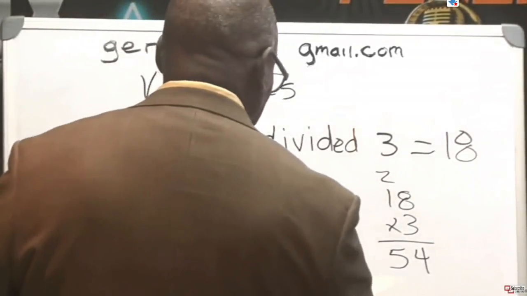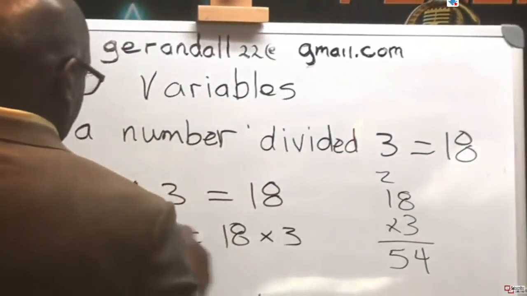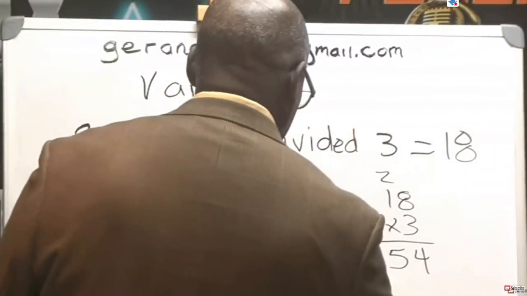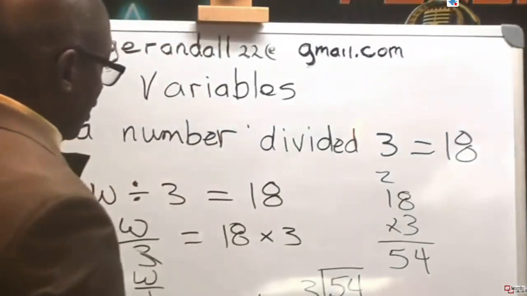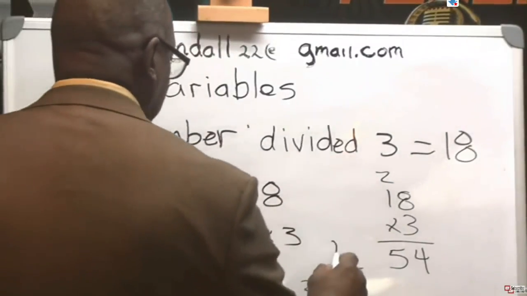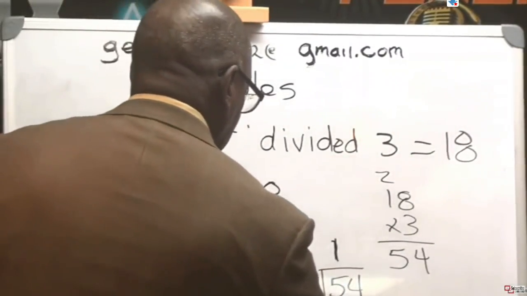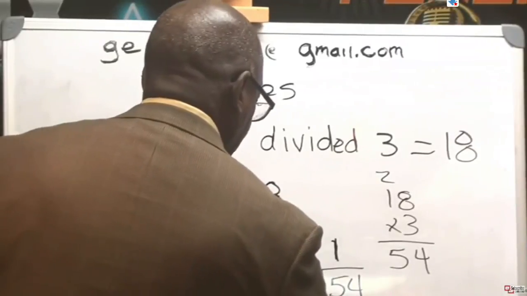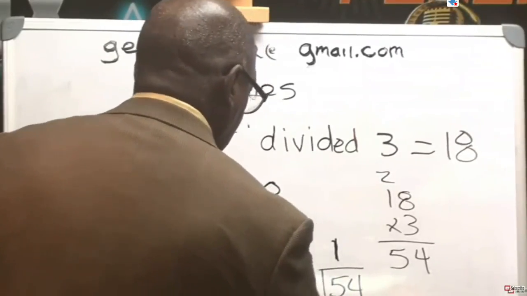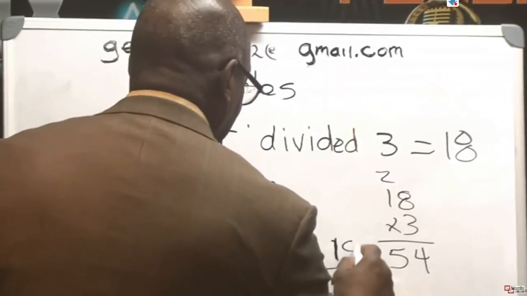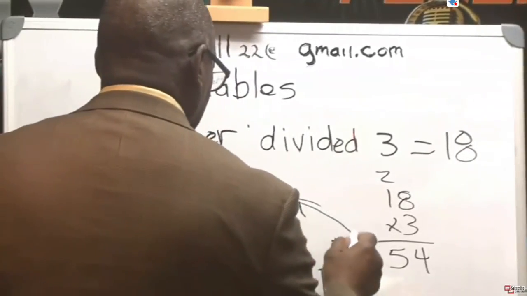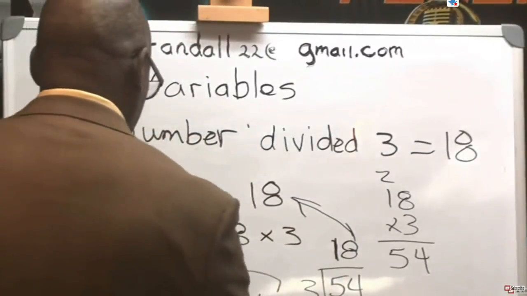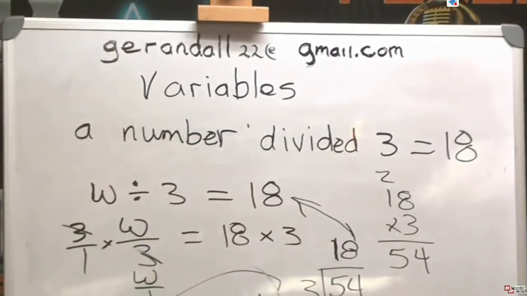How do we check it? We put 54 in the house, and we divide by 3. 3 goes into 5 once. Three goes into 24 8 times. And look at that. So in this case, w equals 54.